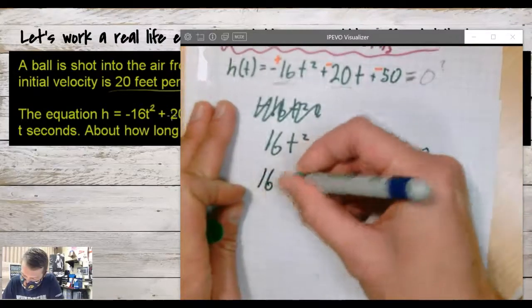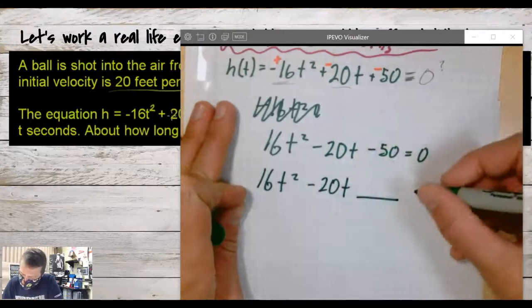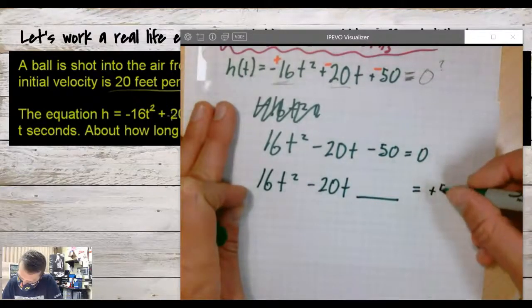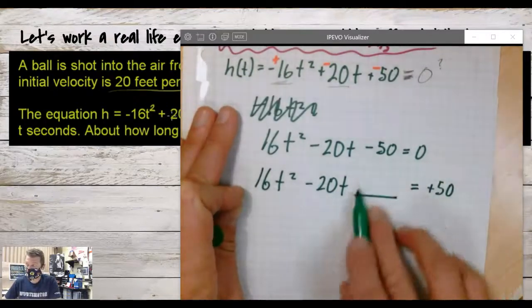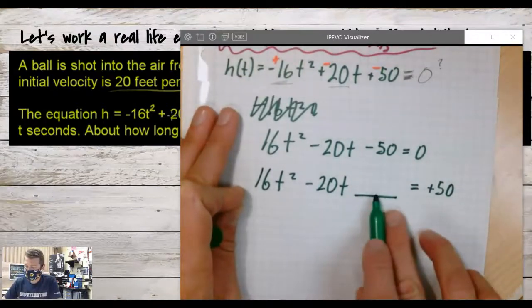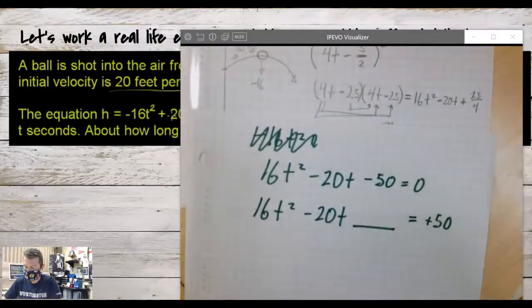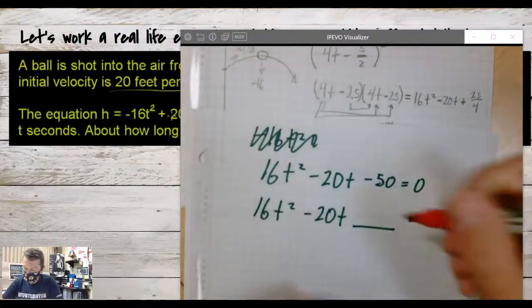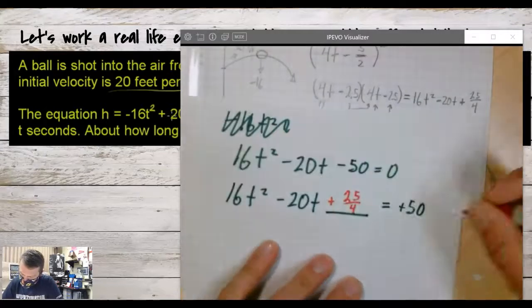We can rewrite this as 16t squared minus 20t plus 50. If we want to just get the open space for the constant on this side, we said that the constant needed is 25 fourths. So we're going to add 25 fourths to both sides.